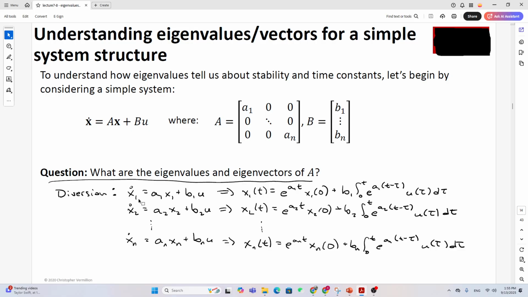As we discussed in the previous slides and lectures, if those are all constants, we can write the system response, this is your transient response, and this is your steady state response. That's easy for us to write down.